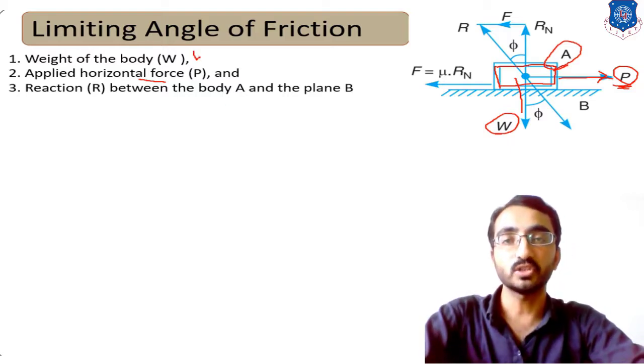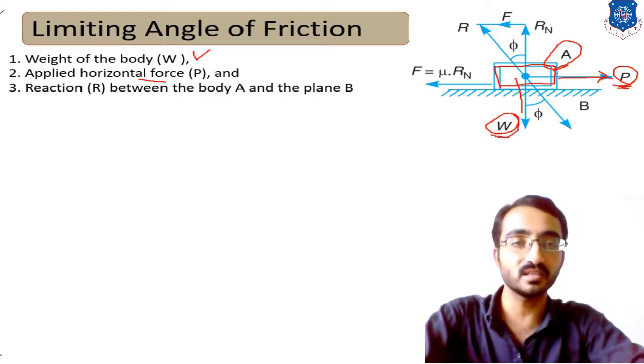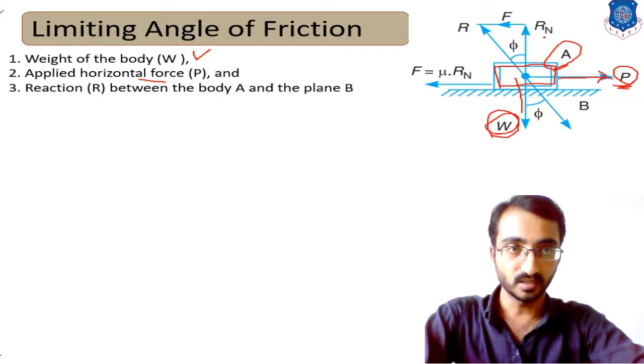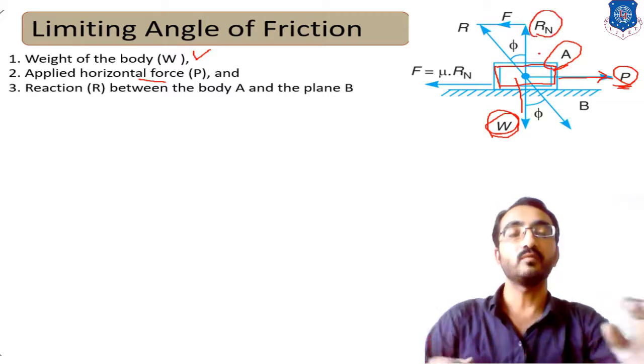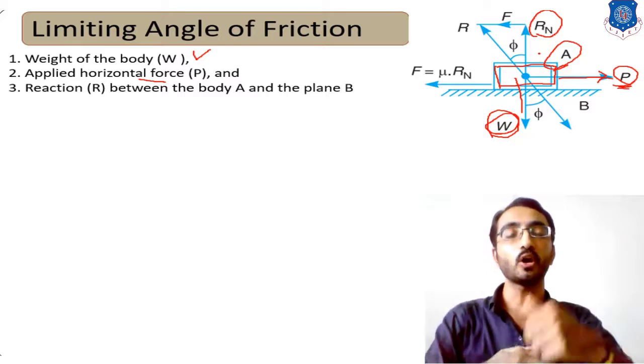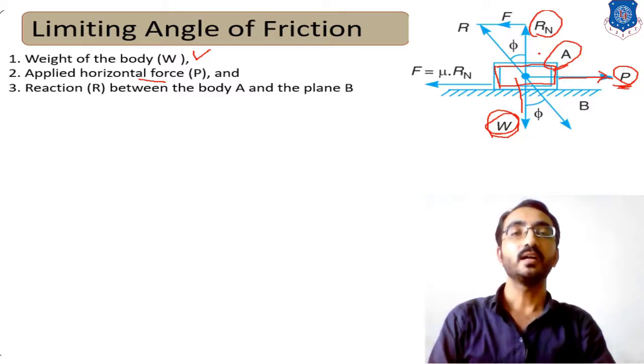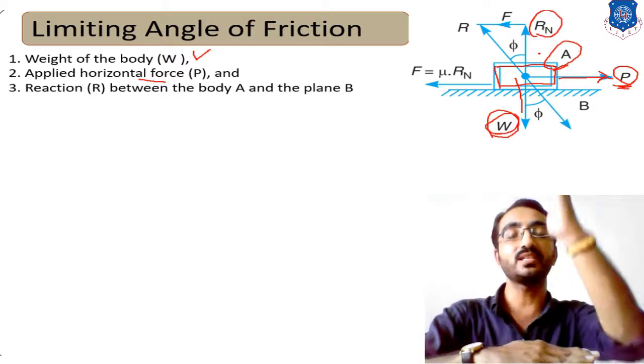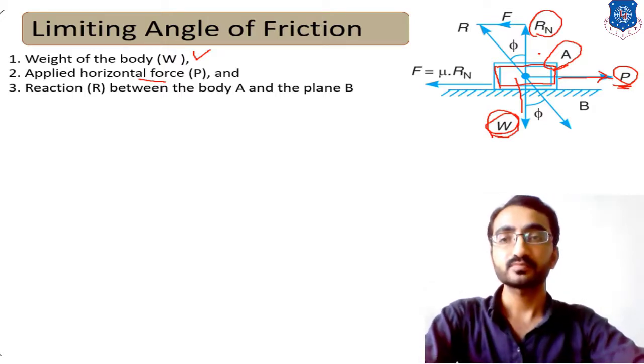Due to the weight of the body, there will always be a normal reaction force. Let Rn be the reaction force acting perpendicular to the contact surface. Here the contact surface is horizontal, that's why the normal reaction is in the vertical direction.